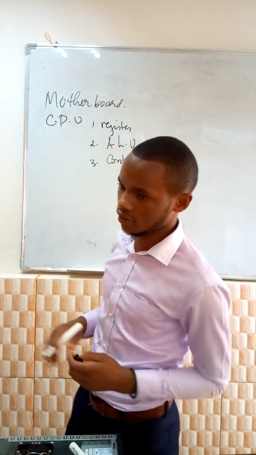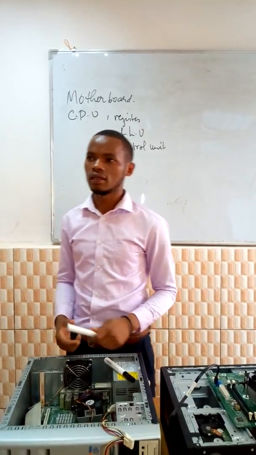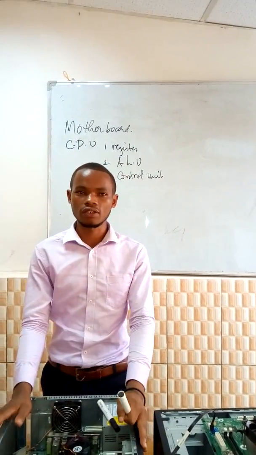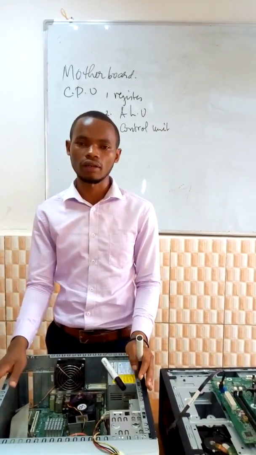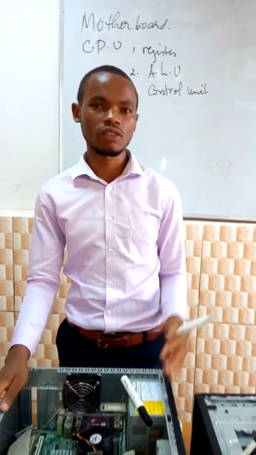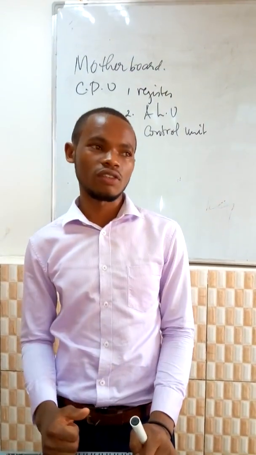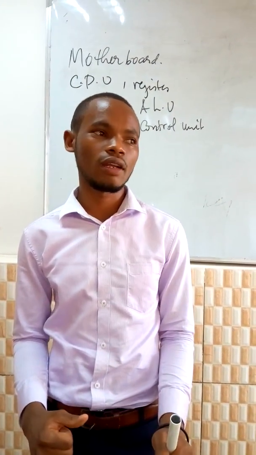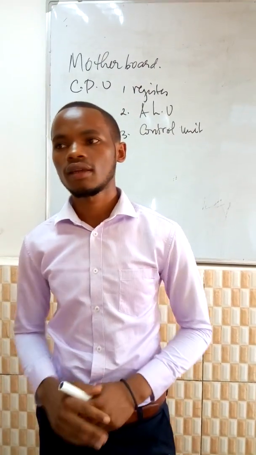The register is like a memory, the arithmetic and logical unit is used for arithmetic and logic operations, and the control unit is for controlling all operations. And this CPU is a useful component at the time of executing instructions.